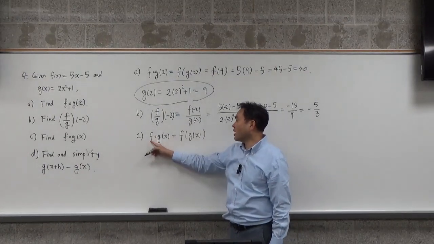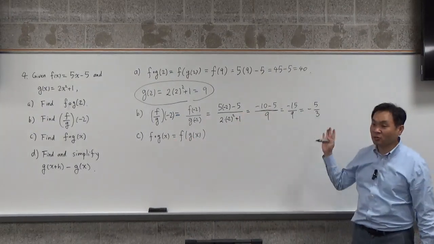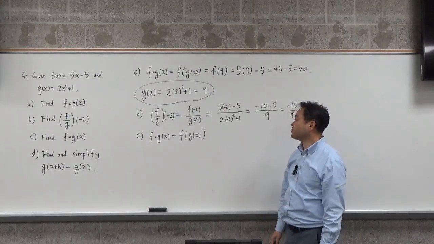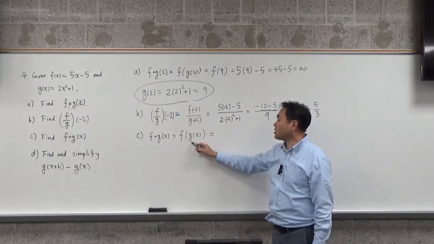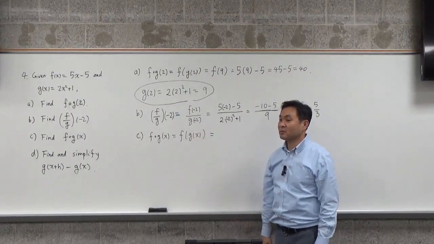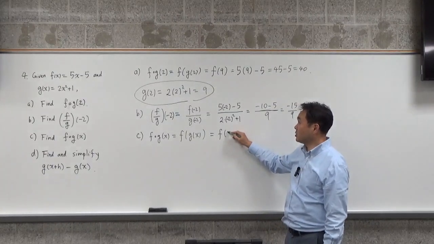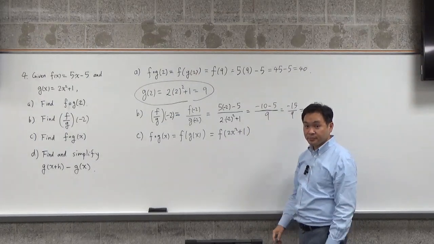Just change f and g and put a parenthesis between them, okay? So that g of x goes into f. If you do this, then now you have to start asking what is g of x? G of x is 2x squared plus 1. Isn't this right?